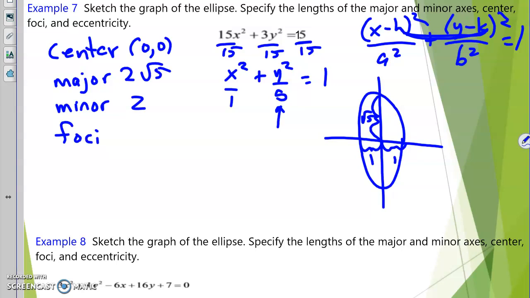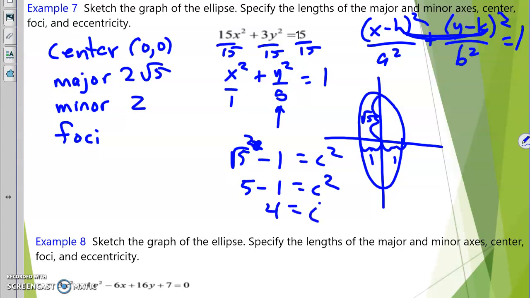Now, to get my foci, I'm going to say my A squared minus my B squared is equal to C squared. Square root of 5 squared gives me 5, minus 1 equals C squared. 4 equals my C squared. C is equal to 2. So my foci are going to be running in the up and down direction, at (0, 2) and (0, negative 2).